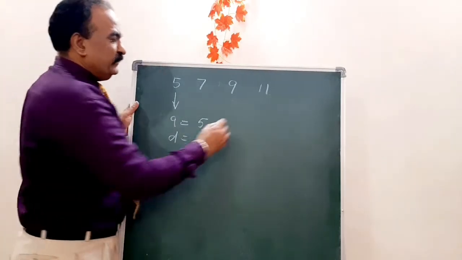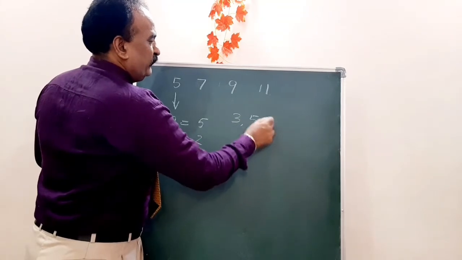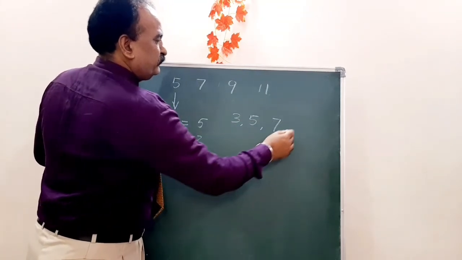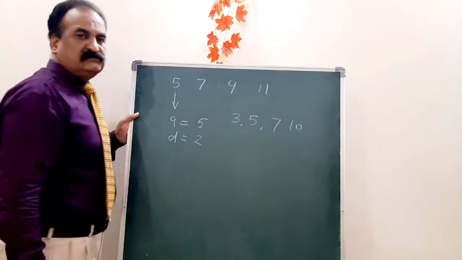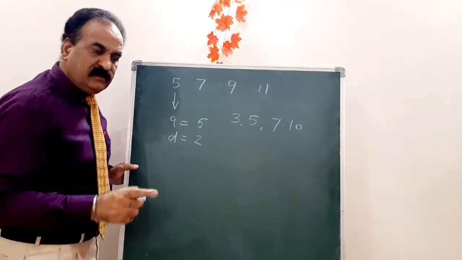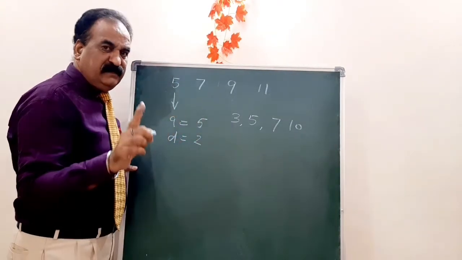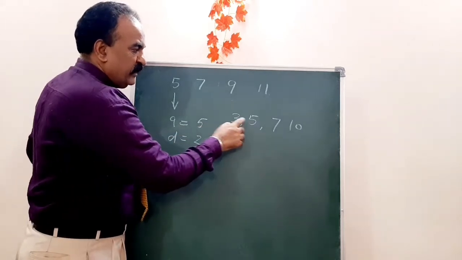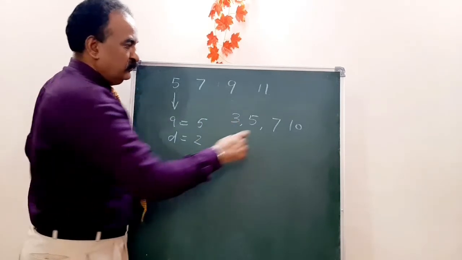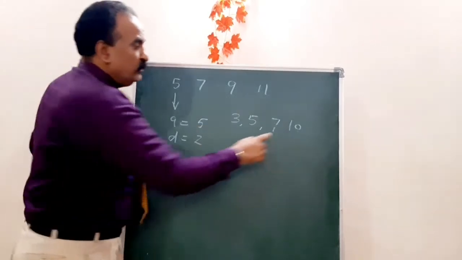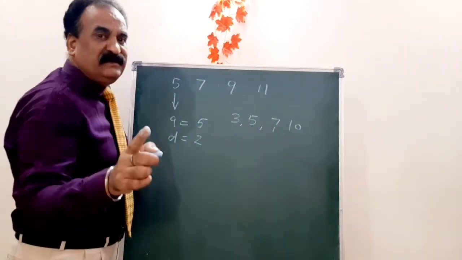Now suppose I am writing 3, 5, 7, 10. Is it an AP? See, the first term is 3. The common difference: 5 minus 3 is 2, 7 minus 5 is 2, but 10 minus 7 is 3.